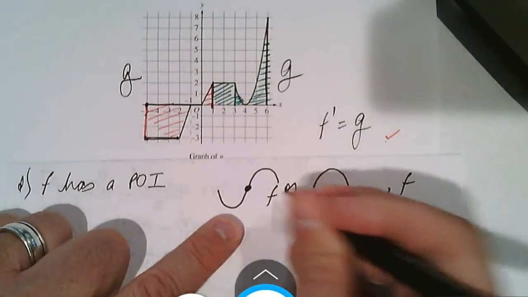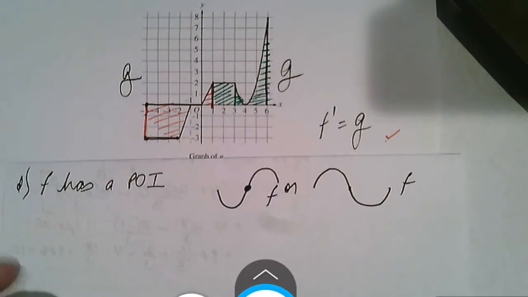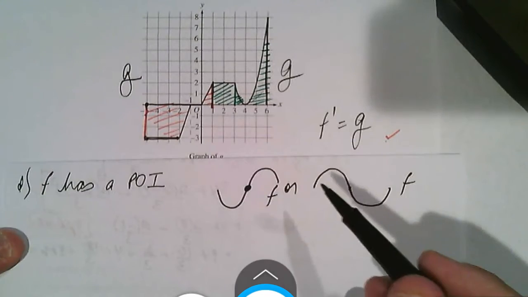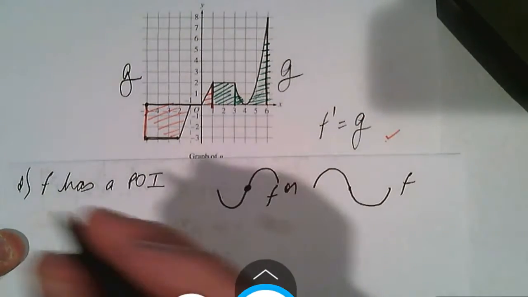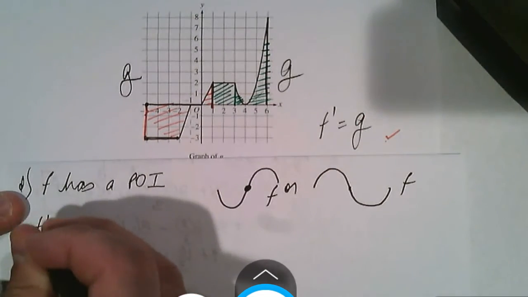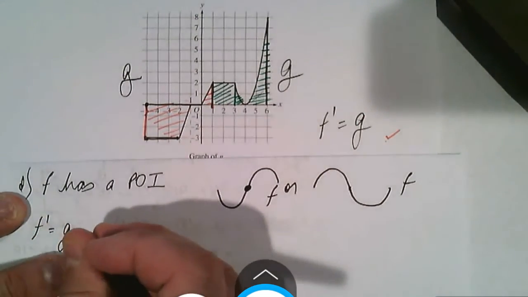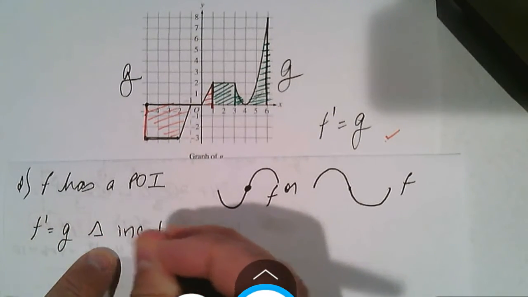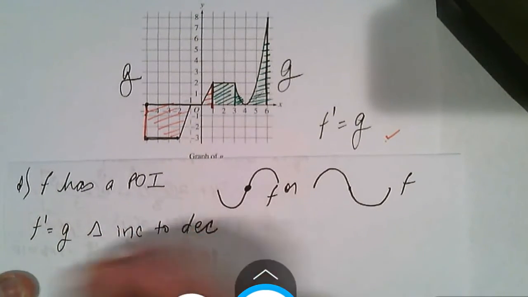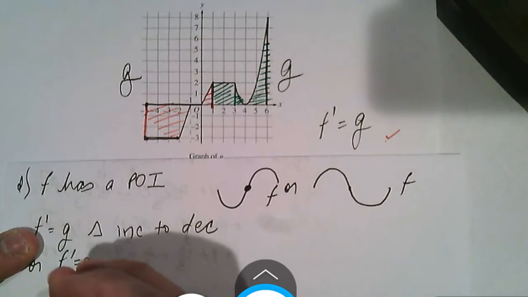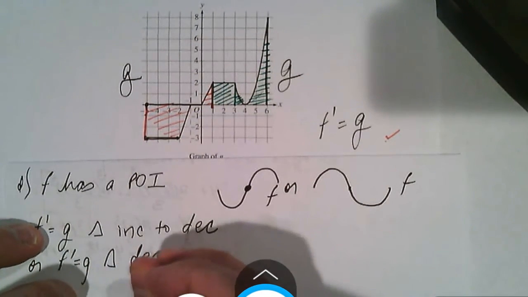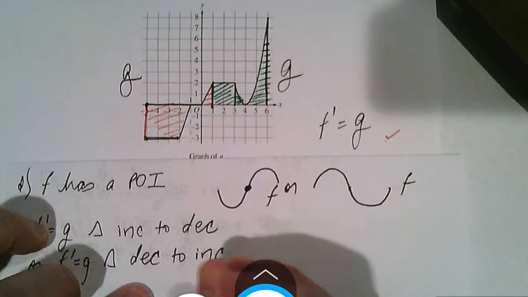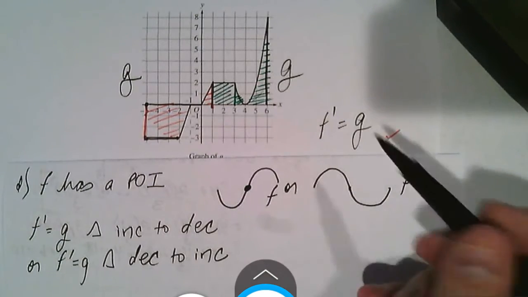That's the behavior of f. But again, we don't have f in front of us. What we have is g, which is f prime. So f prime, which is g, would have to make a change, triangle for change, from increasing to decreasing, or f prime changes from decreasing to increasing.